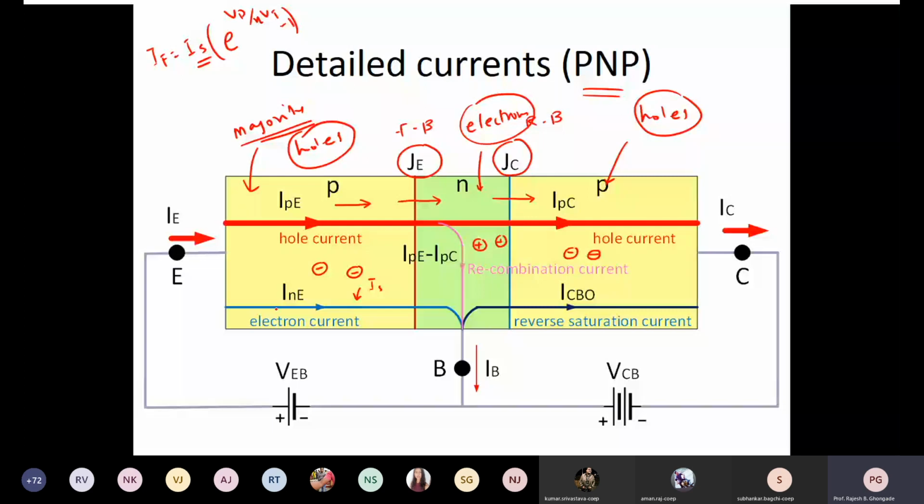Now, we have few holes here, but we have a large number of electrons here because they are the majority charge carriers in this region, whereas some holes are getting injected into the base. So some holes will combine with these electrons.